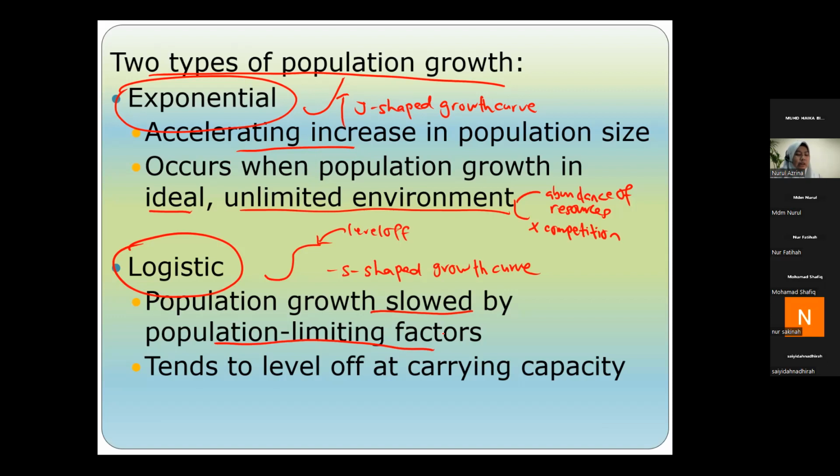Of course, limited resources: limited space, limited water, limited mates, and many others. These are what we call limiting factors. And the population will level off at the carrying capacity. Level off means dia jadi constant as it reaches the carrying capacity. What is carrying capacity? I'll explain later. Okay, right. Next.